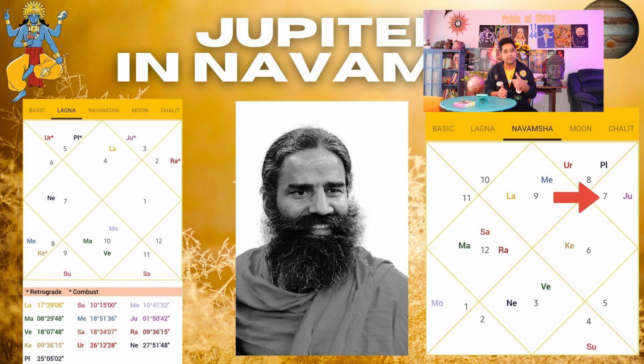So in a way, just having these rising signs in the D9 chart gives additional weightage and power to Jupiter.